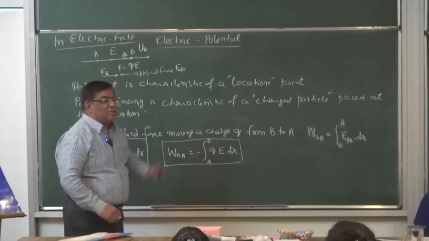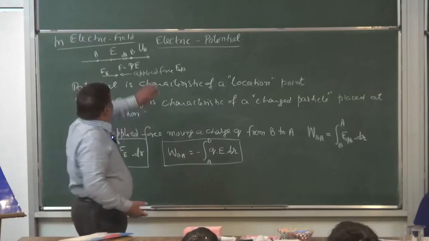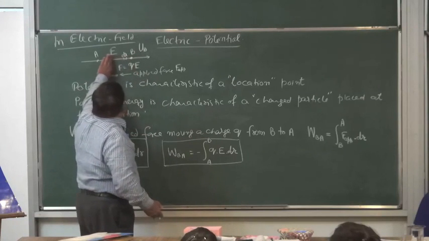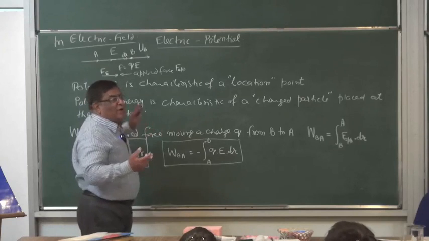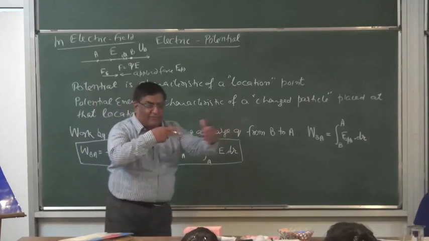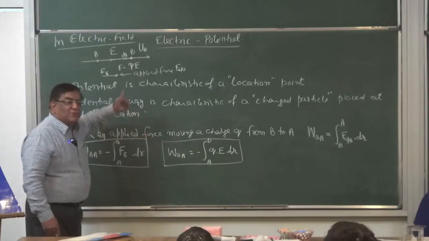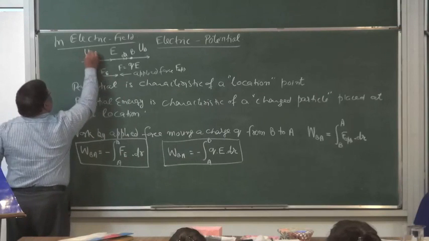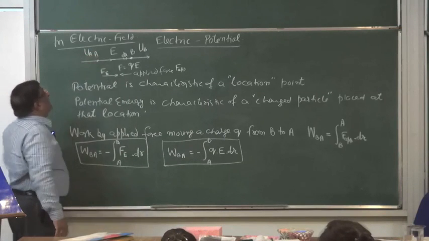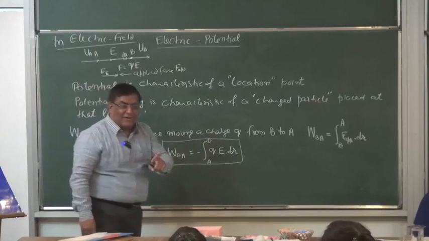Right? Now suppose I do a little more work, exert more energy and push it here. I have to do certain more work because I am going against the electric force. That work is also stored with this particle, and now its energy is U_A. So U_A is different from U_B. Why is it different?